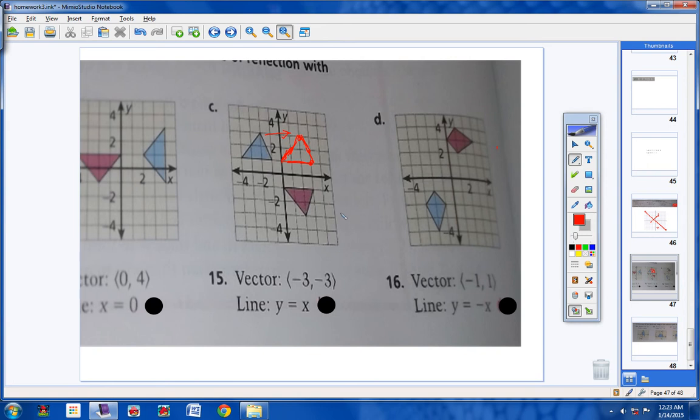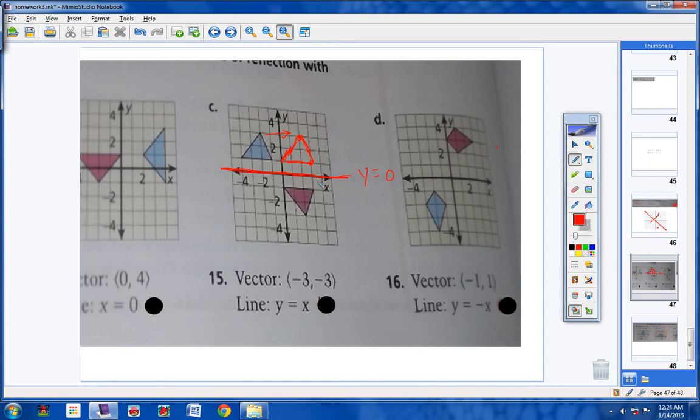Now, if I reflect it in the line y equals 0, remember this is the line here, y equals 0 is a horizontal line going through the x-axis, through y equals 0. If I were to reflect or flip this, would not this triangle here fall right on top of this triangle here? Of course it would, guys.